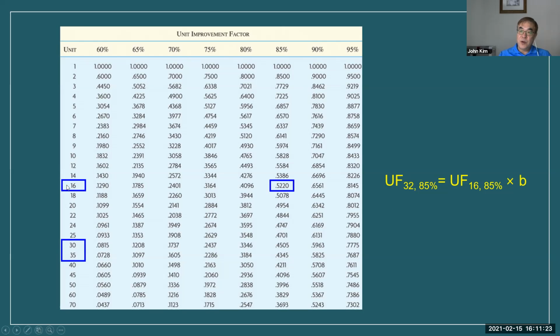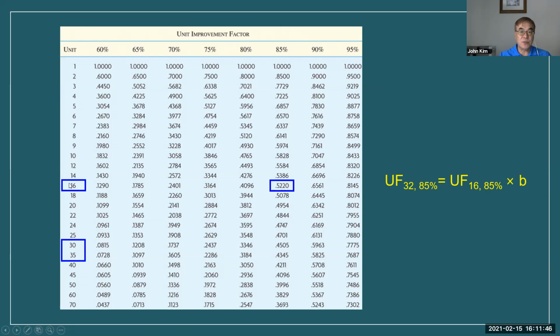You know, from 16th to 32. If you cannot find the 32, then try to find half of that, divided by 2. So 32 divided by 2 equals 16.